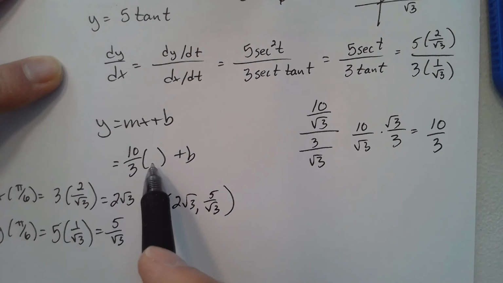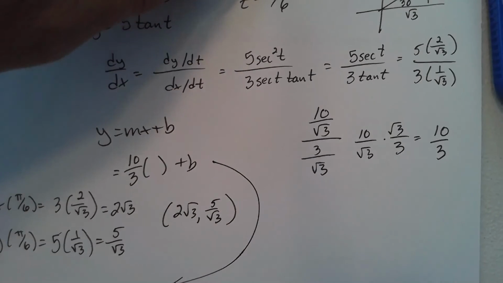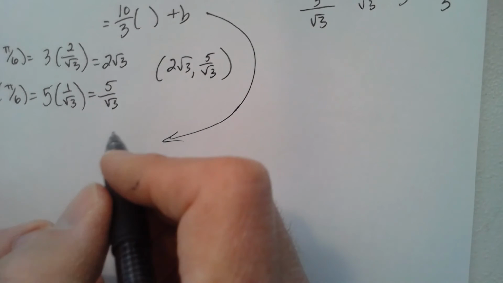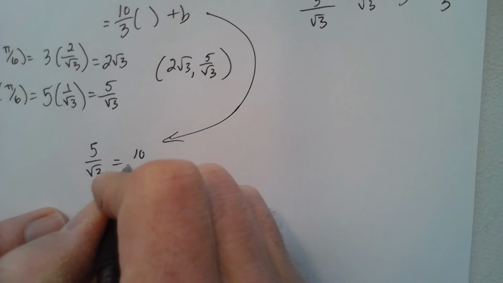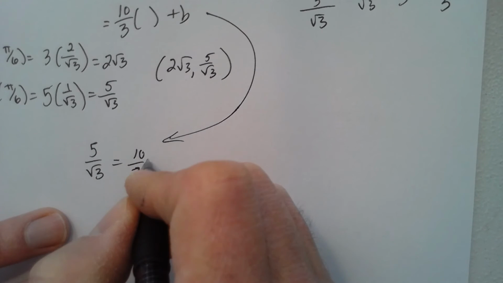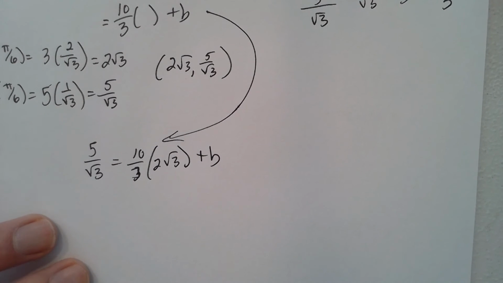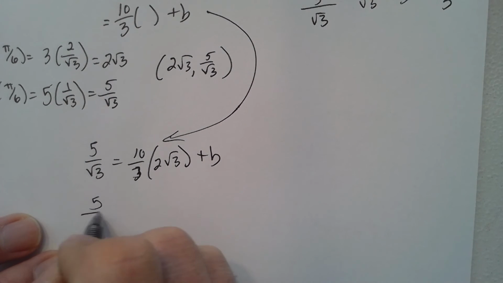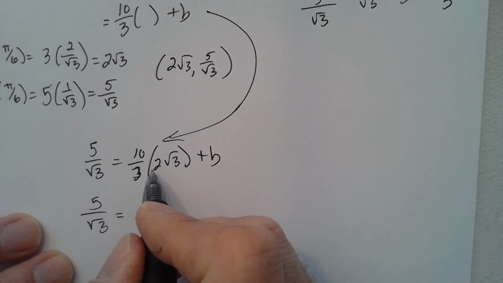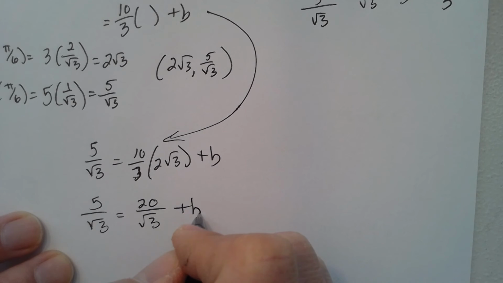Lovely numbers, and I don't have any room, so I'm going to have to continue my mx plus b down here. So my y is 5 over square root of 3 equals 10 thirds times our x, which is 2 square root of 3, plus b. Alright, so we have 5 over square root of 3 equals 20 over square root of 3 plus b.